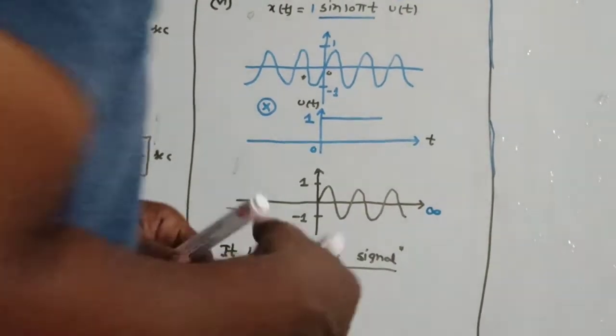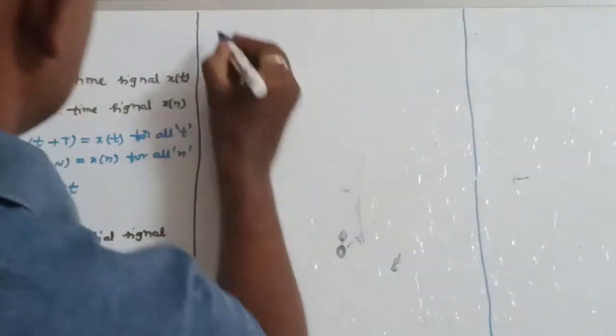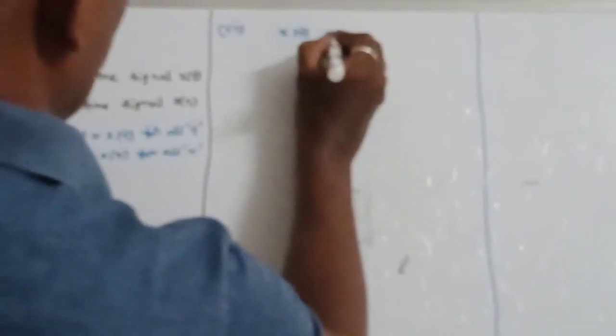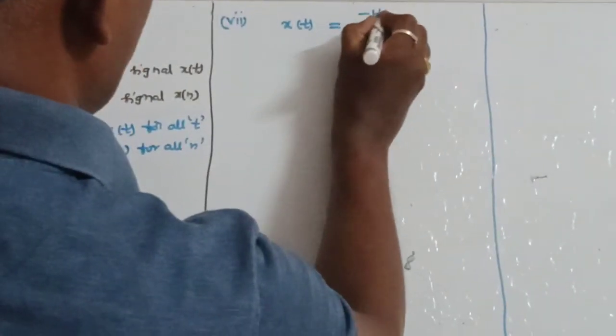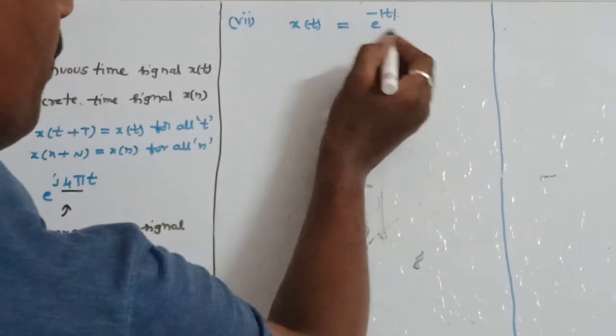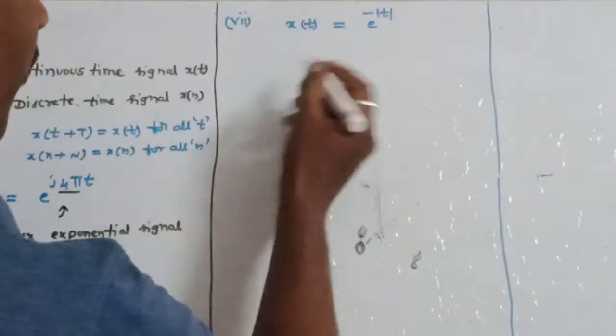So let us take the next problem, the seventh problem. Let us take x of t is equal to e power minus mod t. This graph is also a very important problem. Drawing the graph of e power minus mod t is very important.